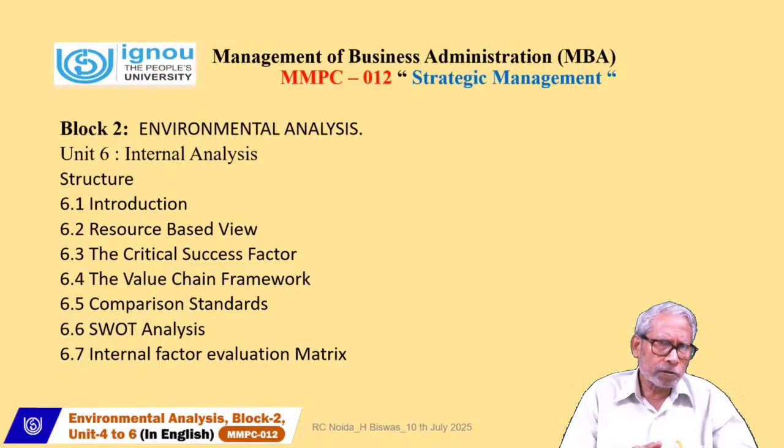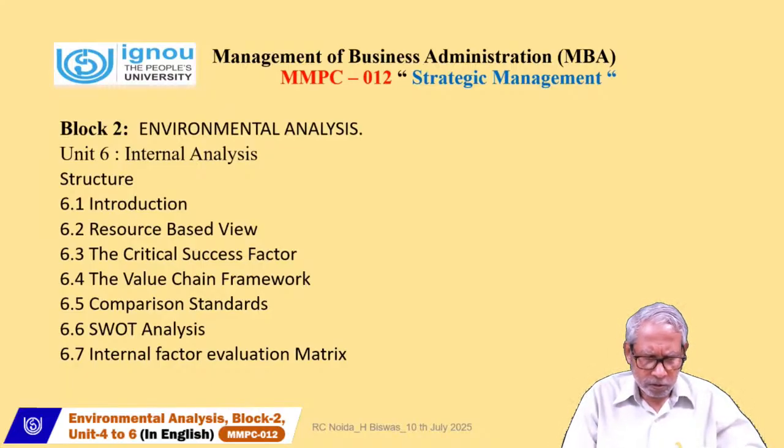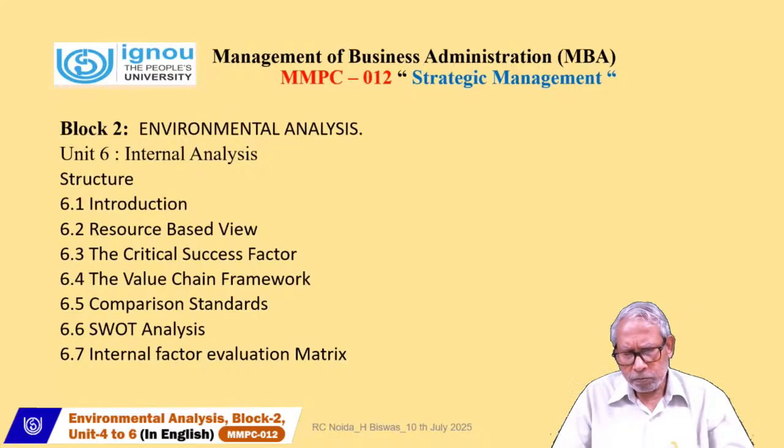So I think today we have discussed unit number 3, just as a recap: strategy in the global context, what the strategies should be in the global context, and what areas we have to look after.